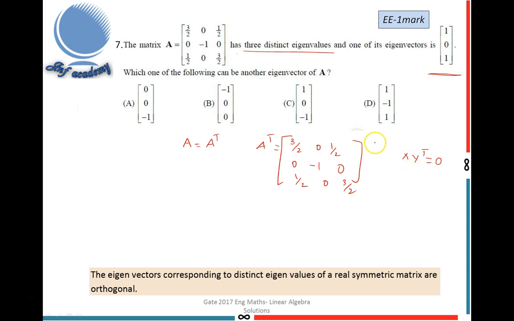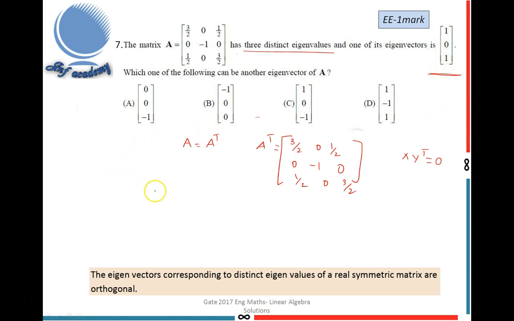So you have to check which eigenvector in the options is orthogonal to the given eigenvector, because the eigenvectors corresponding to distinct eigenvalues of a symmetric matrix are orthogonal. The given eigenvector is 1 0 1.